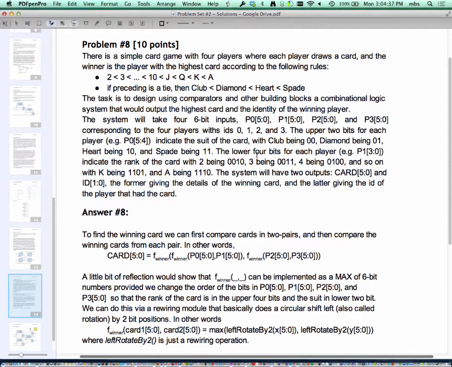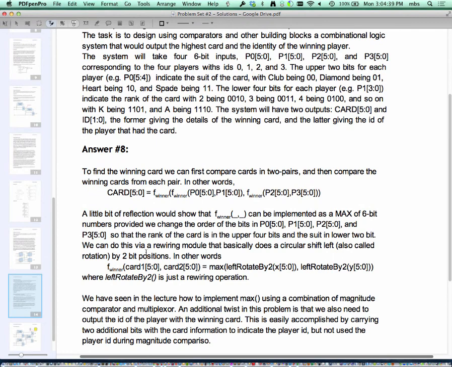So I can implement this winner function by essentially doing a swapping, which is actually kind of like a left rotate by 2 function. I basically take the upper 2 bits and feed them on the least significant bit side. So I can think of this winner function to be nothing but a maximum done over the 2 inputs after they have been left rotated by 2 bits.